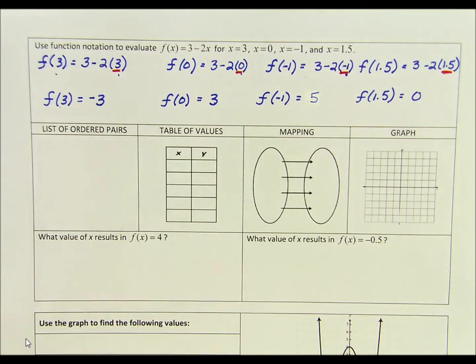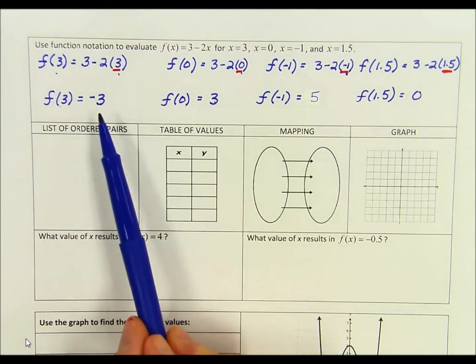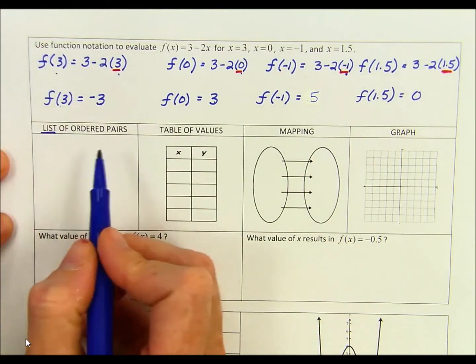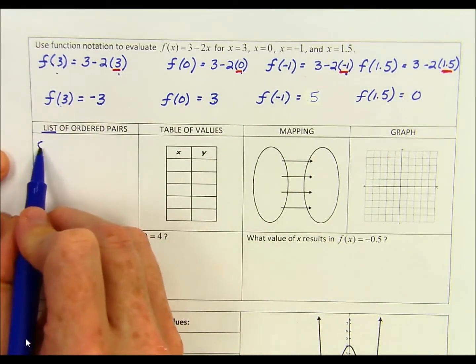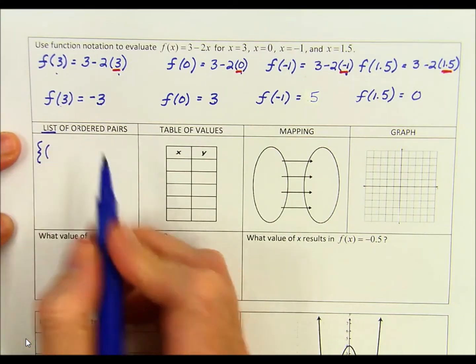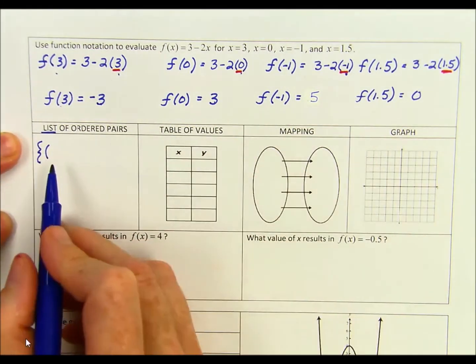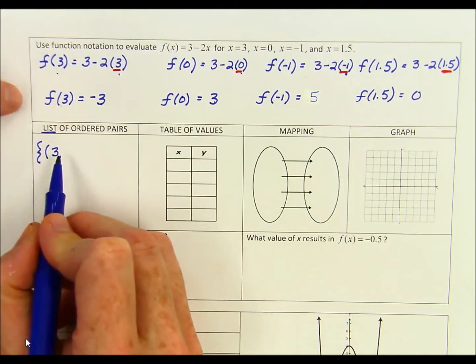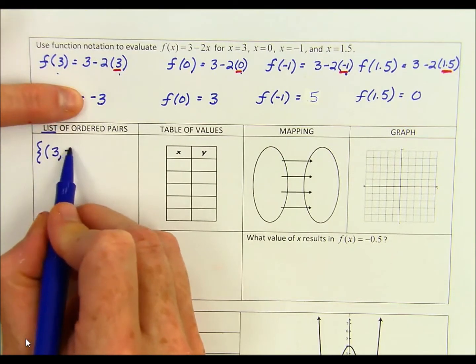So it really all starts with writing an ordered pair from your function notation. So it tells me to do a list of ordered pairs. So we are going to use set notation, and we are going to write 4 ordered pairs. So remember, x is the input, f of x is going to be the output.